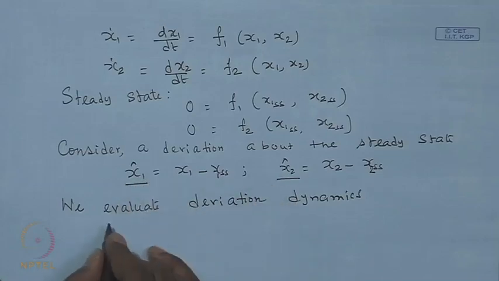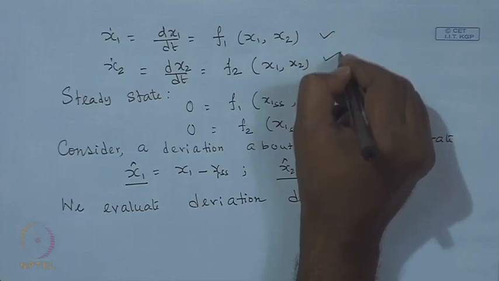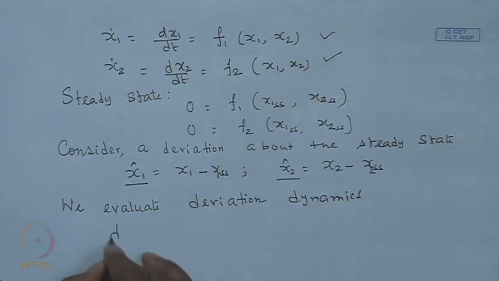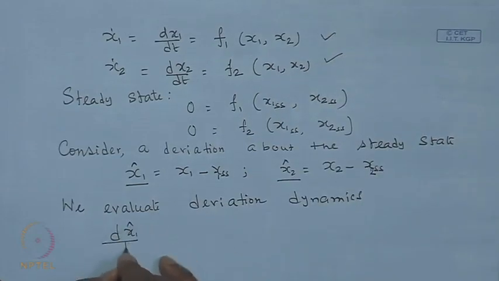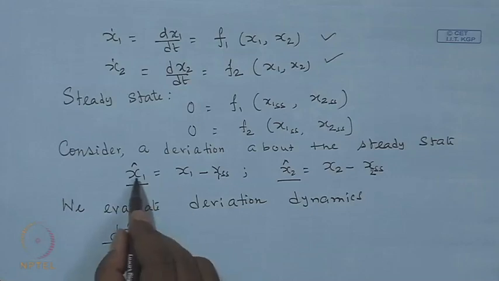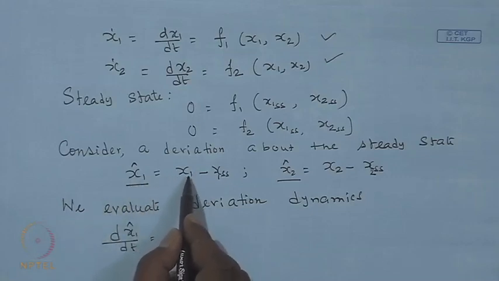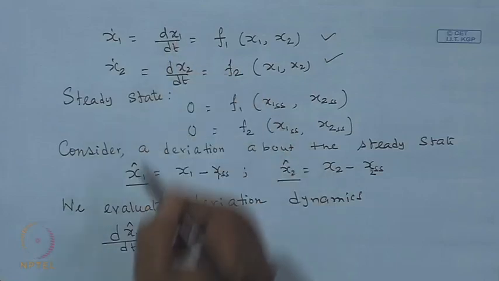So, therefore, we can write these two equations as dx1 hat dt. In fact, if we differentiate this equation with respect to t, dx1 dt is identical to dx1 hat dt.